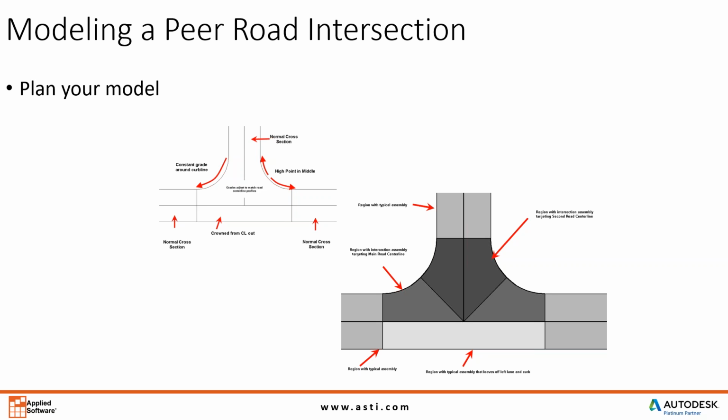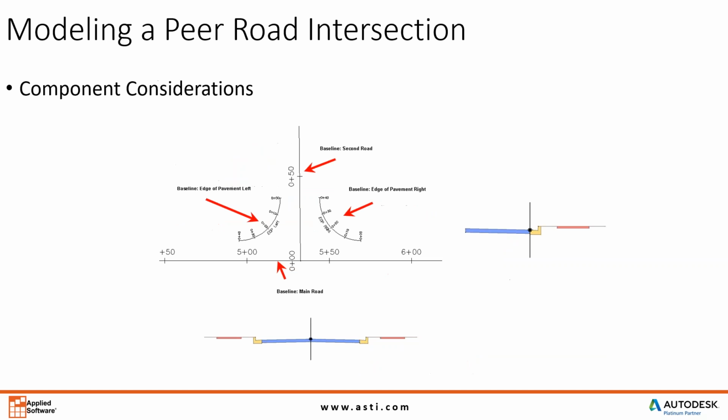So you have to plan for your model. So those who are really starting out with Civil 3D, you have to plan for your model. Each region requires something specific in terms of targeting and its alignments, and specifically different assemblies. So we're going to take a look at those things also.